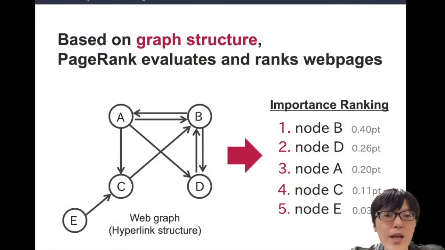Let's suppose we have graph data where the nodes represent web pages and edges represent hyperlinks between the web pages on this slide. Then the PageRank evaluates the importance of each web page by considering the graph structure like this.